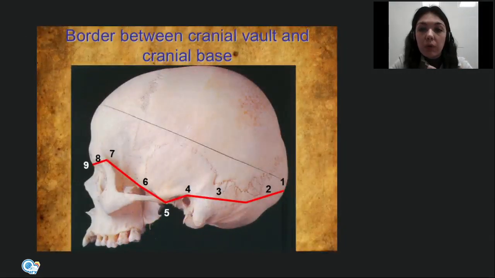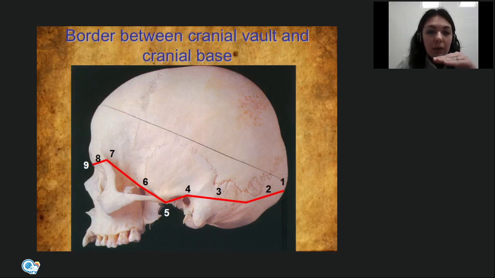What we have to know very well are the points through which the border between the cranial vault and cranial base passes. It starts from the external occipital protuberance, goes along the superior nuchal line, passes above the base of the mastoid process, above the external acoustic meatus, through the base of the zygomatic process of the temporal bone, then the infratemporal crest.